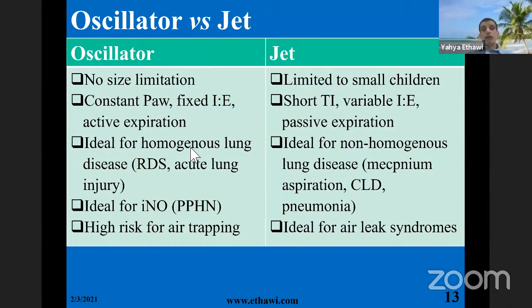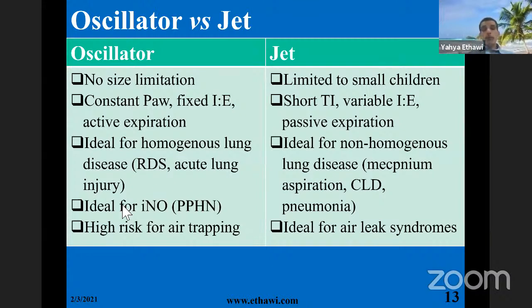The oscillator is very ideal for homogeneous lung disease, while the jet is ideal for non-homogeneous lung disease because of the attenuation. The oscillator is also ideal for use with inhaled nitric oxide.